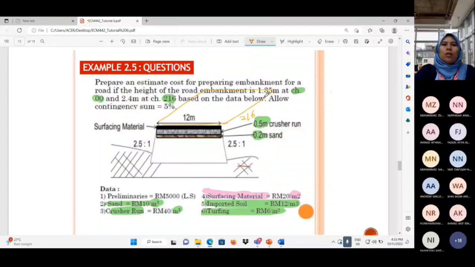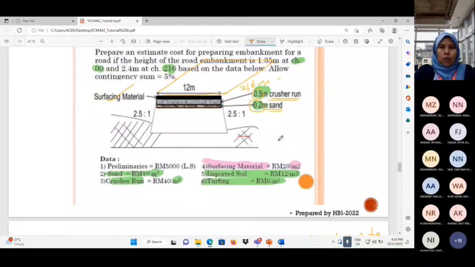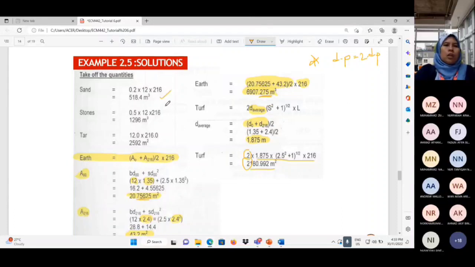So you dah tahu area: 12 kali 216 meter, you will get the area. 12 kali 216 darab dengan 0.5, you dapat crusher run volume. The same area darab dengan 0.2, you will get the volume of sand. So here is the calculation: sand, crusher run, and also surfacing materials.